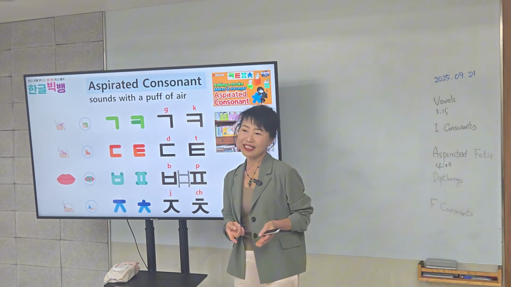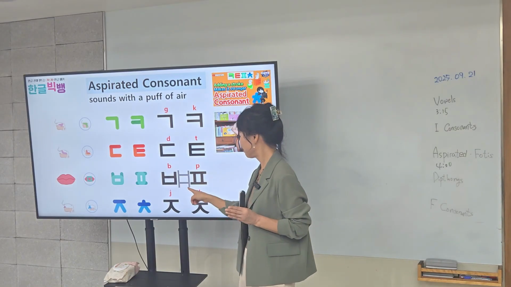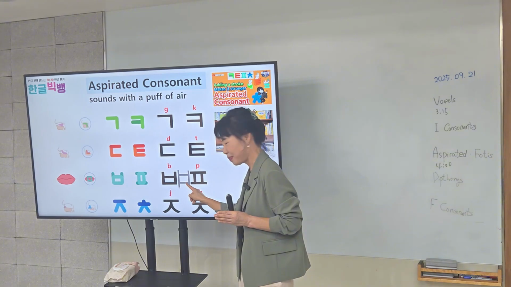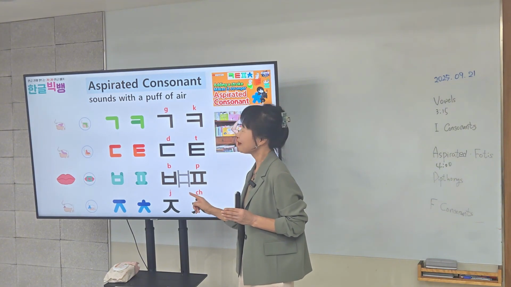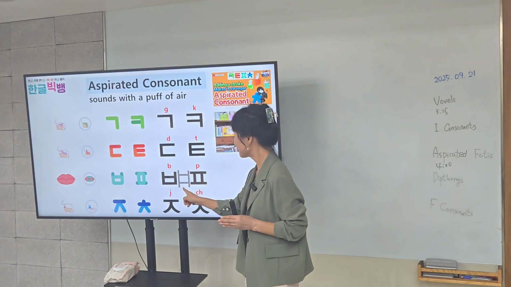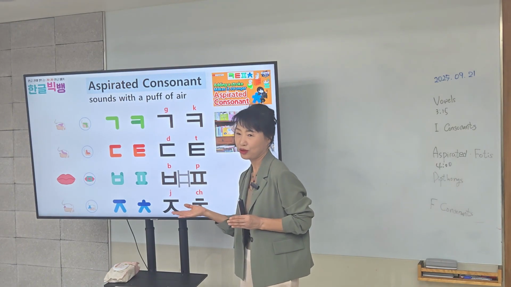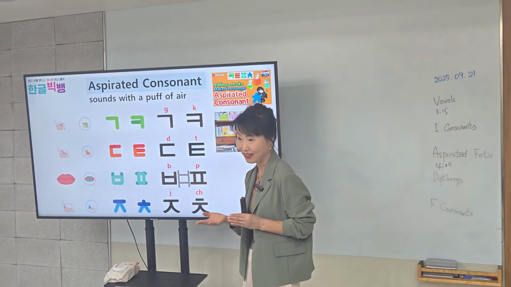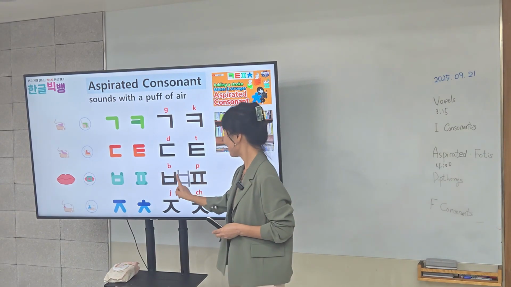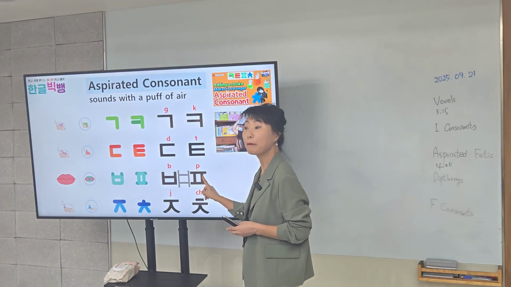Okay, maybe King Sejong designed 프 like this, 부 and 프, and then maybe he rotated it like this because it is not easy to add a final consonant. So it is my personal opinion, but it makes sense. So this is 부, this is 프.